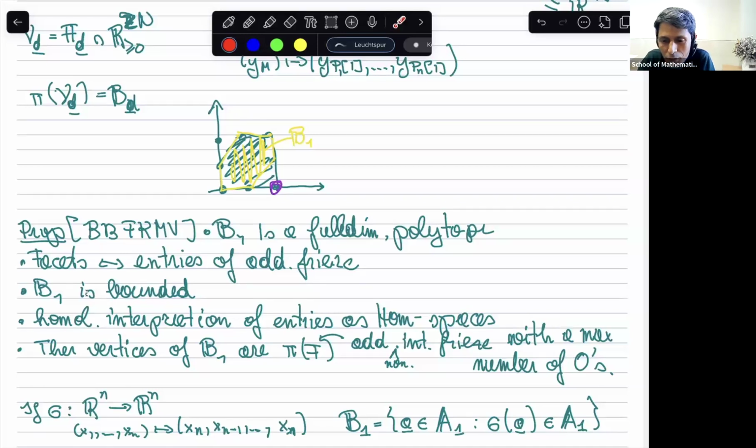So maybe I start with a small question. What about the interpretation of the mutation in this? A very good question. So, we don't know. This is actually something that's completely open.